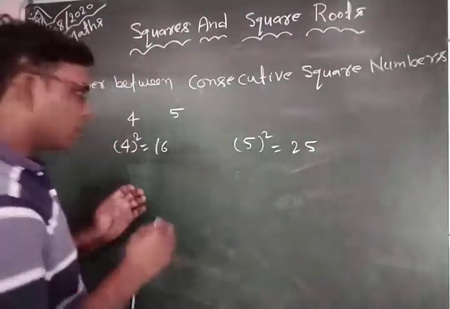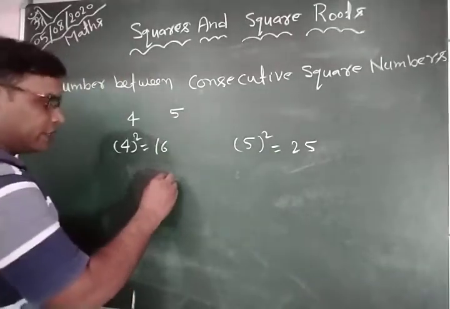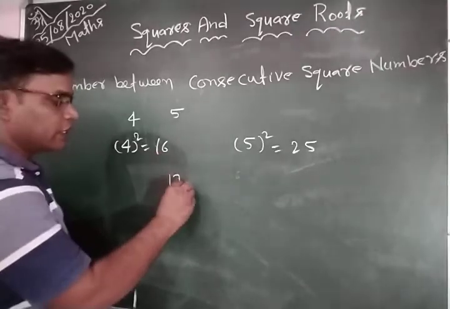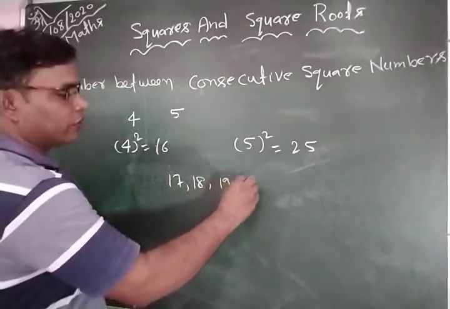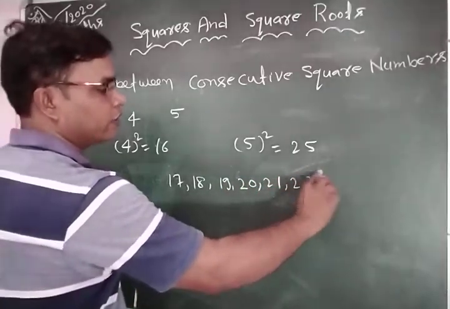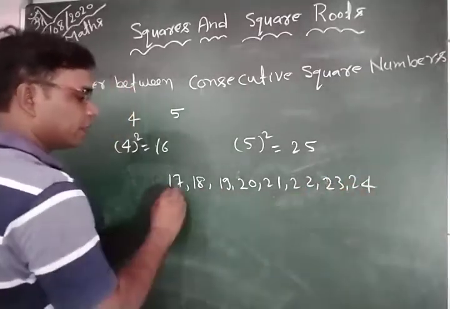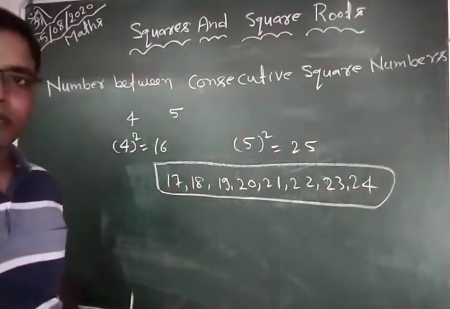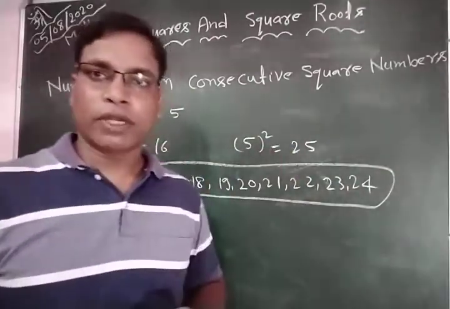So how many non-square numbers between them? 17, 18, 19, 20, 21, 22, 23 and 24 are the non-square numbers between two square numbers. 16 is a square number and 25 is also a square number.